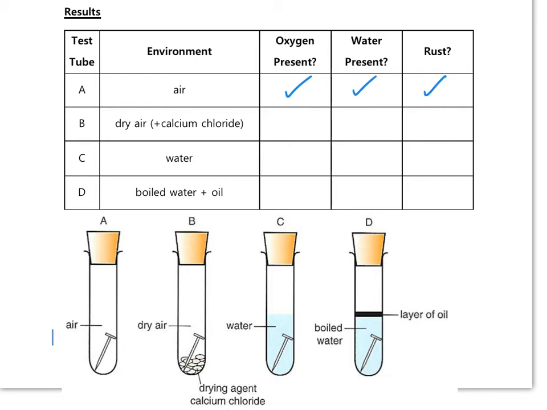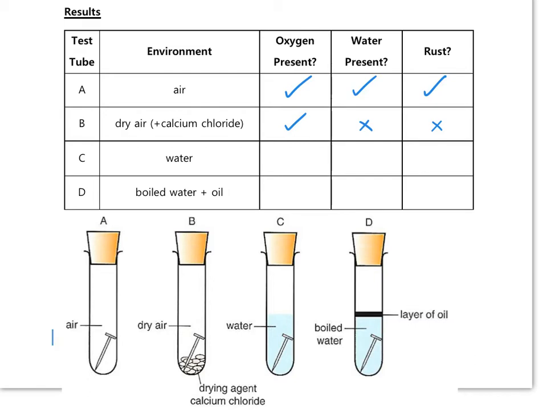The iron nail rusted in test tube A because there's oxygen and water vapour present in the air as well. In test tube B, we had dry air, so we added calcium chloride to remove the moisture. Is oxygen present in air? Yes, it is. Is water present in this case? No, it's not, because we had that drying agent to remove the water. And did rusting occur? No, it didn't.